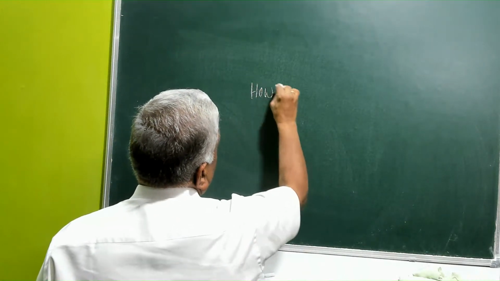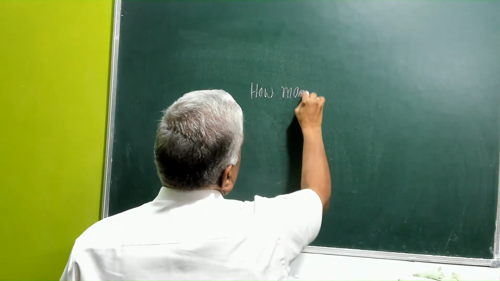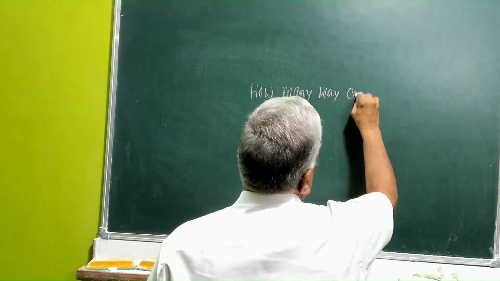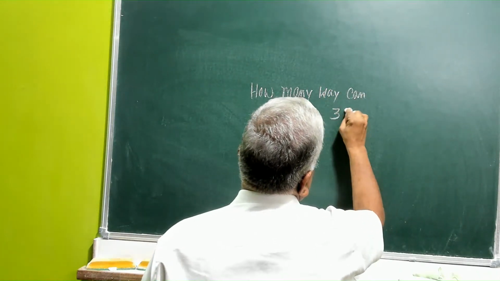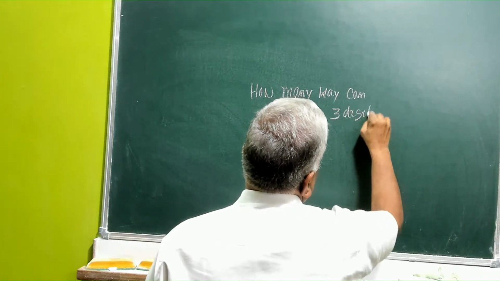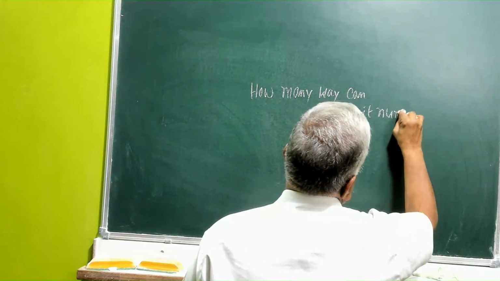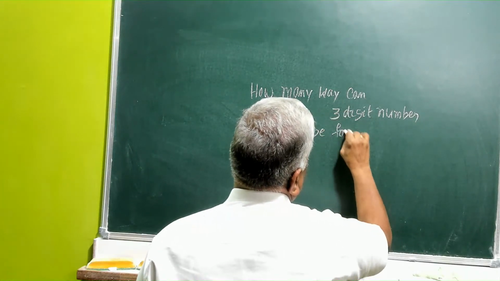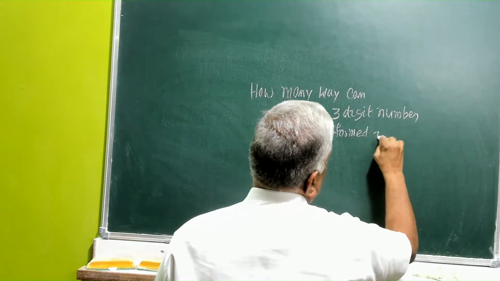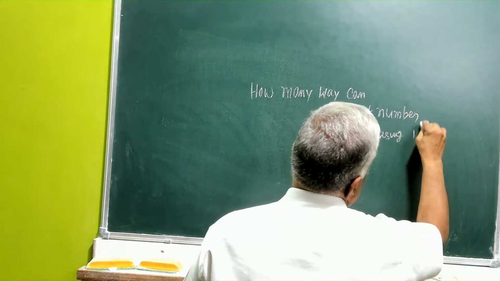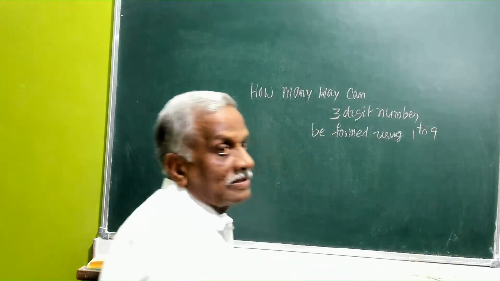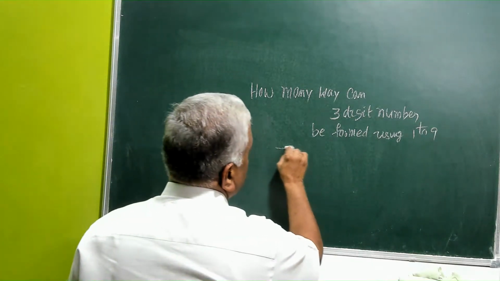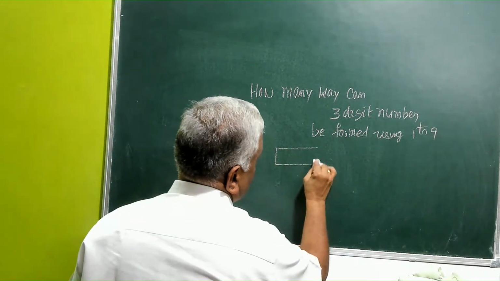Yesterday I discussed this, but I am repeating this. 1 to 9, there are 9 digits. Whenever they say 3-digit number, you write 3 boxes.